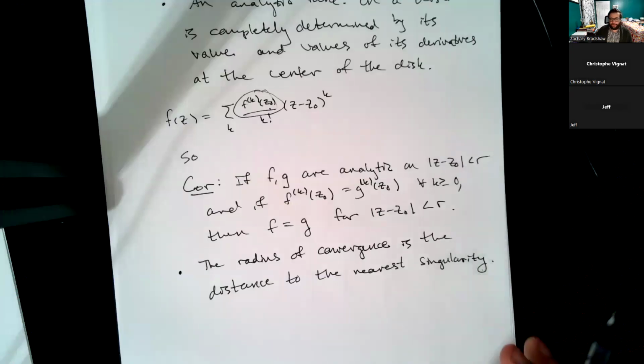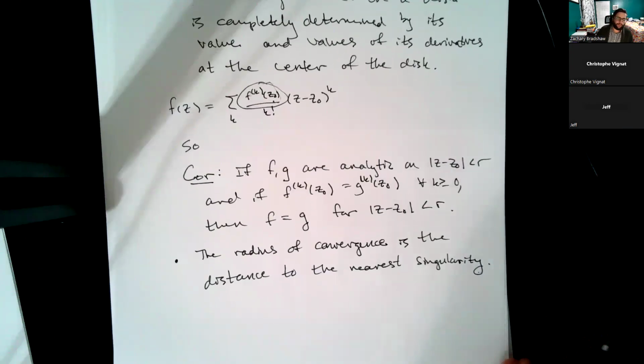But essentially, these are points where your function does something you don't like. You know, it blows up to infinity, or it's discontinuous, or has a removable singularity. Yeah, so these things you don't like are called singularities. We'll get into that more concretely later. But this gives me a corollary.